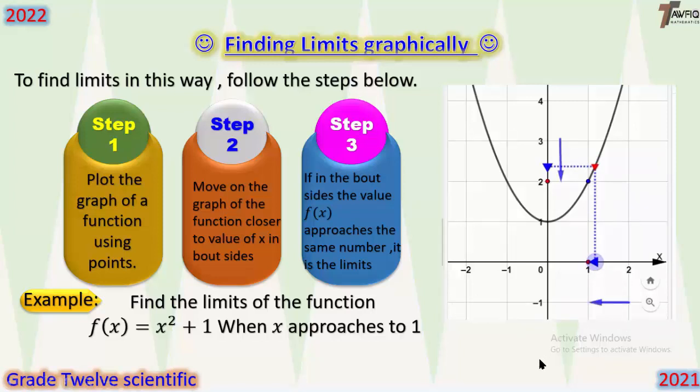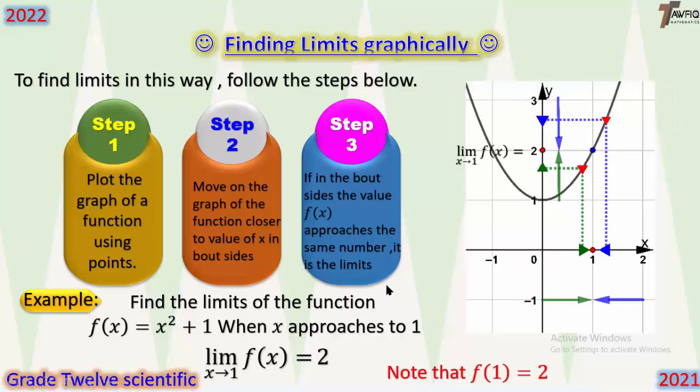When we approach from the right to 1, the value of f(x) approaches 2. And when we approach 1 from the left, you can see y approaches 2. That means the limit as x approaches 1 of f(x) is 2. Note that the value of the function f(x) is 2 when x is 1, or f(1) is equal to 2.